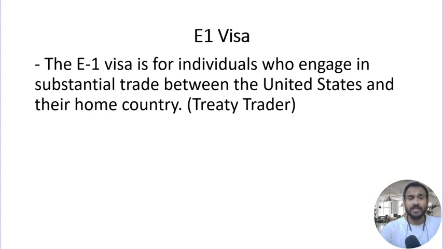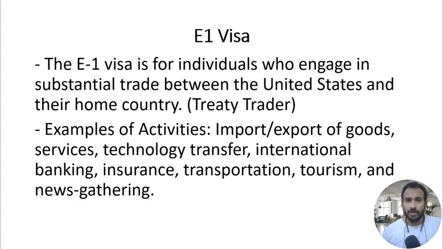So what sort of business is generally done under E1, meaning under the treaty? Here: import, export of goods, services, technology transfer, international banking, insurance, transportation, tourism, news gathering. The individual who would like to do these sorts of activities has to apply for E1.